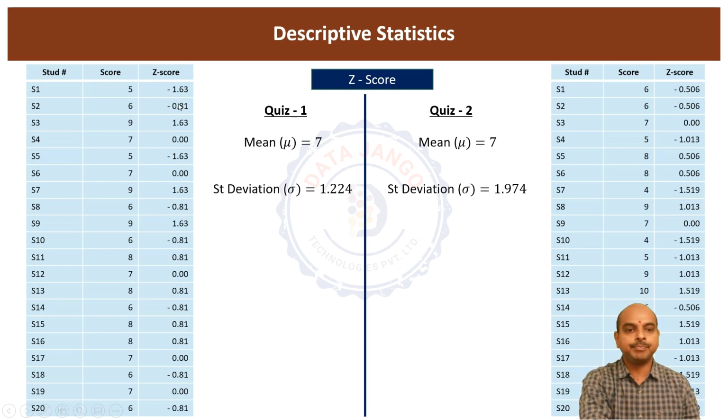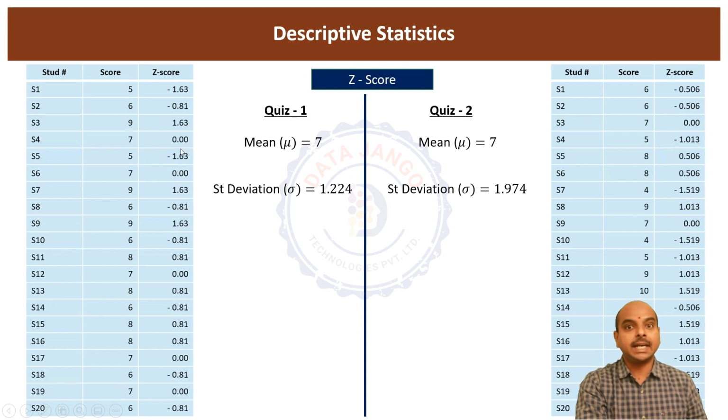What we did here, we subtracted the mean, 5 minus 7, where 7 is the mean, and divided by the standard deviation 1.224. I've got this score. Again, for the second data point also, I have subtracted the mean, 6 minus 7, divided by 1.224.